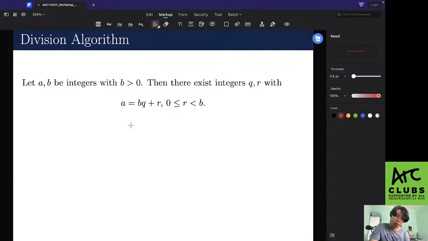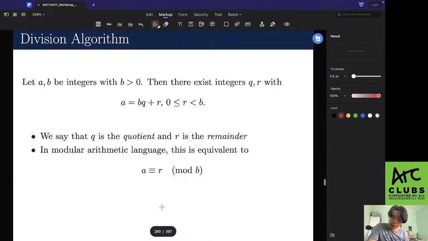We know that for any two numbers, a and b, in this case where a is greater than b, we can represent a as a multiple of b plus some remainder. And this comes from division, right? Where a on b is equal to some quotient plus a remainder. And in this case, we just multiplied all sides by b.